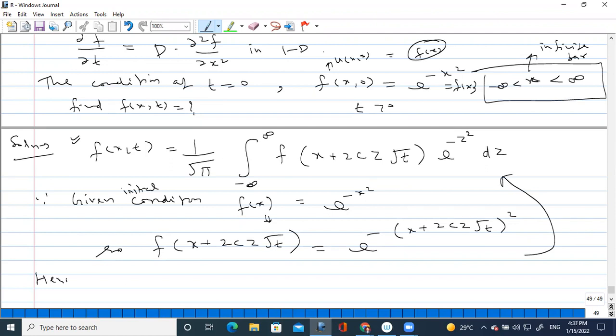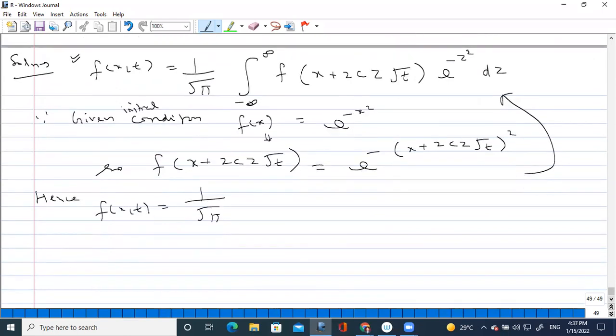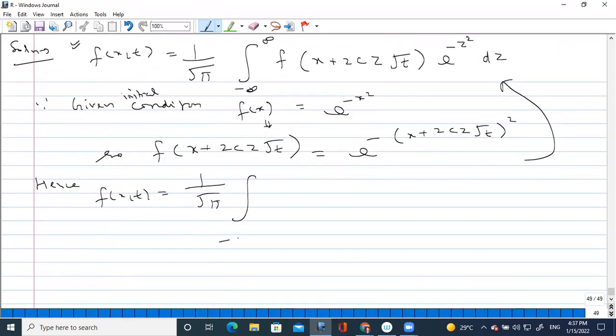Hence fxt will be 1 by under root pi, integral minus infinity to infinity, e to the power minus x plus 2cz under root t whole square.